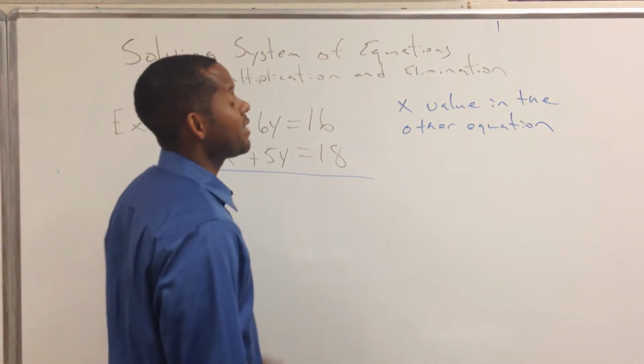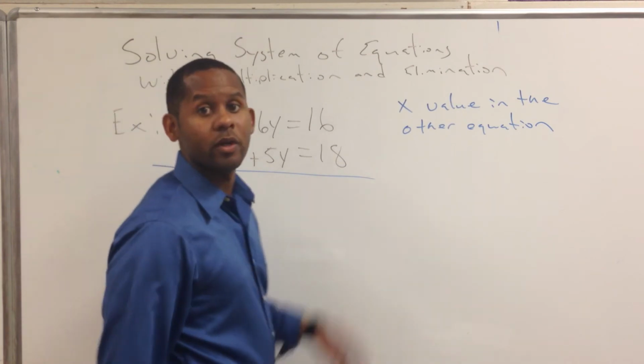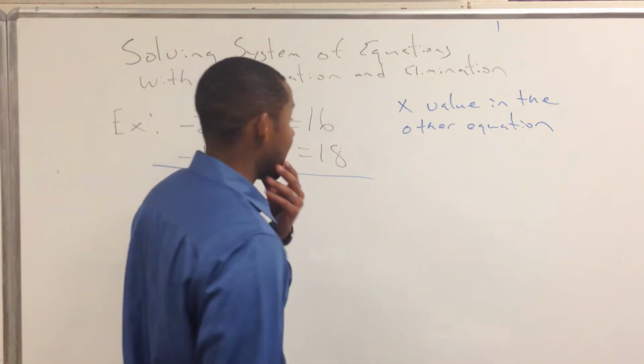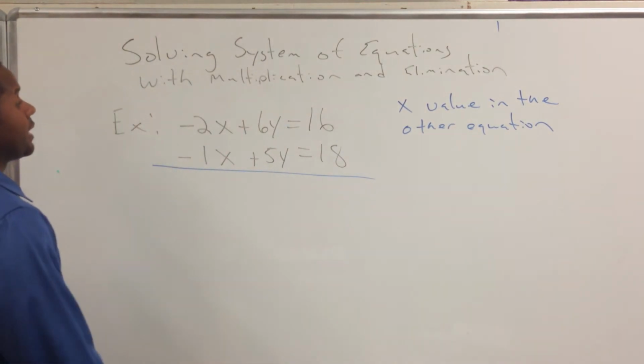That really should say the x value in the first equation will cancel out with the x value in the second equation. I didn't actually word that great, but hopefully you'll get the idea.